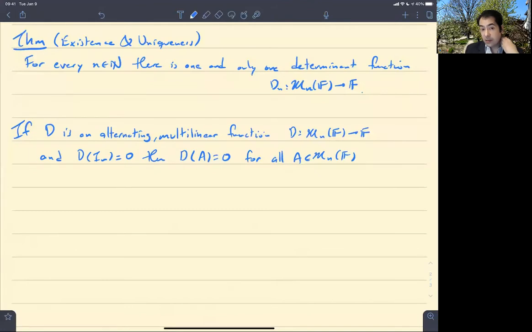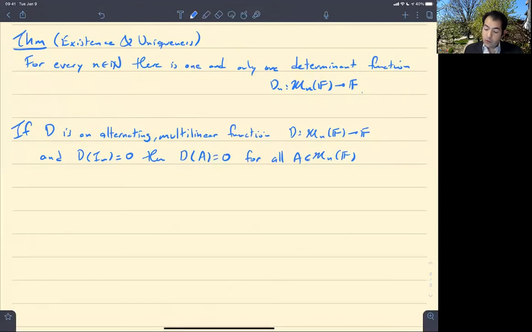And that's easy to see because if you were to add column 1 to column 3 and put that as your first and third columns, then that would be 0 by alternating. But if you expand that out, that shows you that when you switch columns 1 and column 3, you switch sign. And same thing with the other ones.